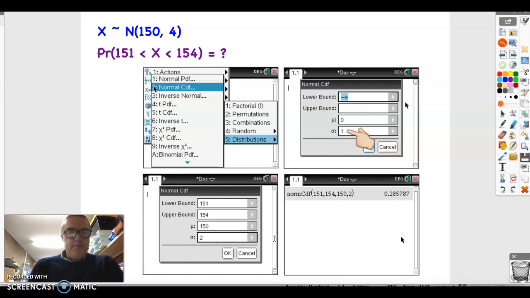But for this problem we're interested in the area from 151 to 154, so they're the lower and upper bounds. Our mean is 150, and our standard deviation, not the variance, the standard deviation, is 2. And when we click OK, it takes us back to the calculator page, and we can see our probability as the output. So that's the normal CDF function, which you'll use quite a lot for this topic.